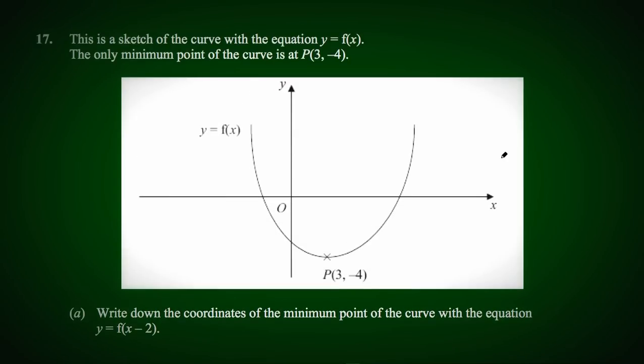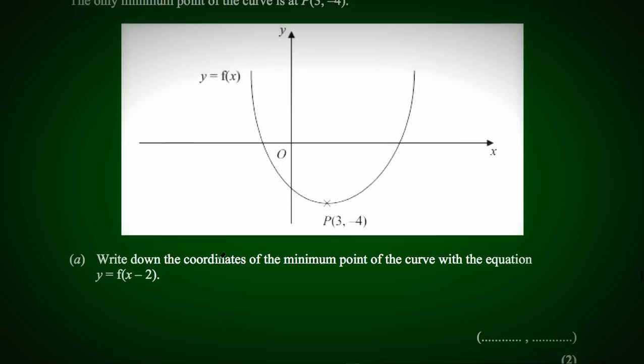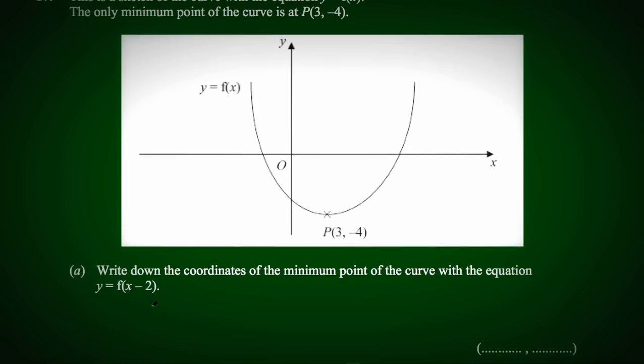Question 17. This is a sketch of the curve with the equation y equals f of x, so we don't know what this function is yet. The only minimum point of the curve is at P, (3, -4). Write down the coordinates of the minimum point of the curve with the equation y equals f of x minus 2. Well, the minus 2 in the brackets affects the horizontal position of the graph, because it's inside the brackets, and it has the opposite effect of what you might expect.